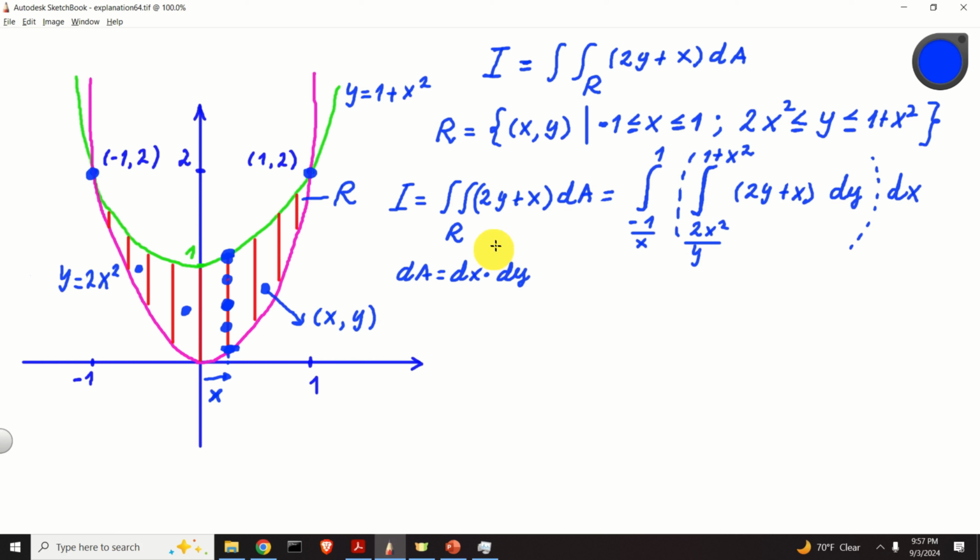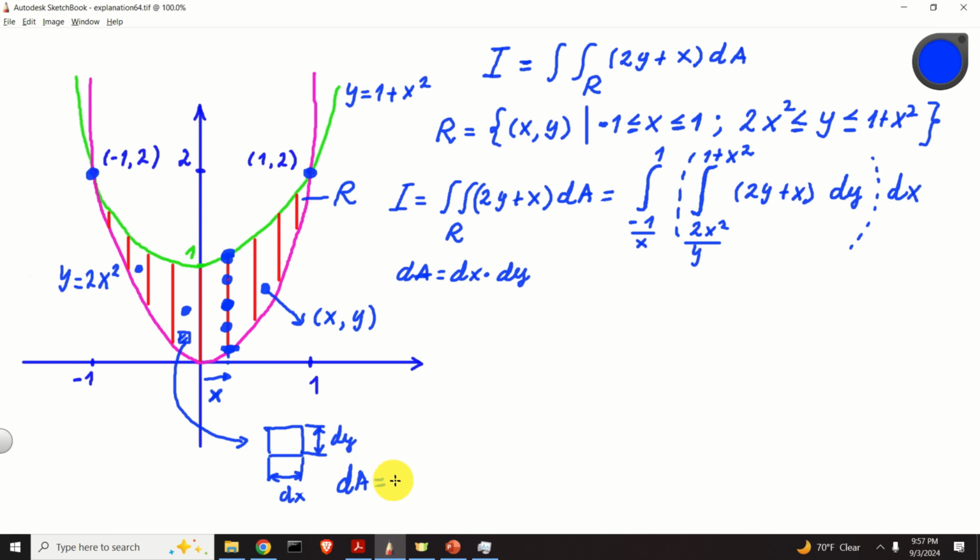Another nice thing over here is that we substituted dA by dx dy. Now, loosely speaking, what's happening over here, if you take any small region over here, you can roughly say that the area of this small region is simply dx multiplying dy, since this is a square.